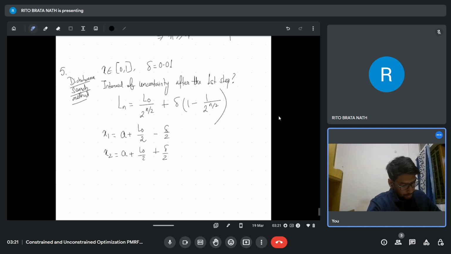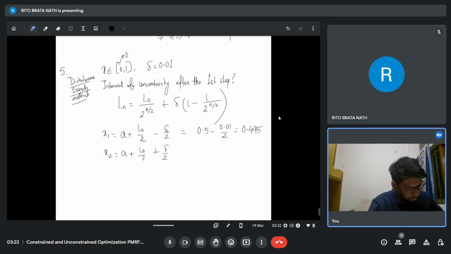So a is 0 here, and L naught by 2 is the length of that interval, which is 0.5, minus say 0.01 by 2, so that will be 0.005.